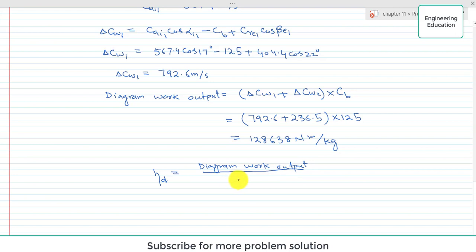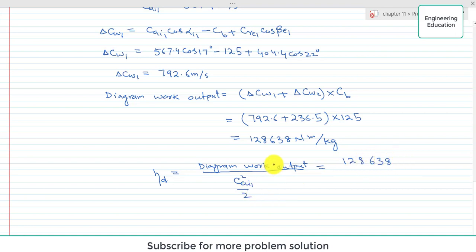So that is CAI1 square by 2. Diagram work output is 128,638.